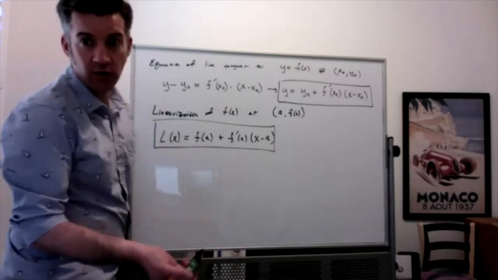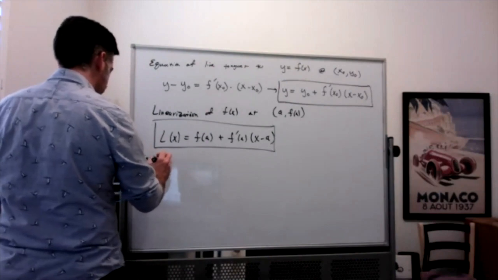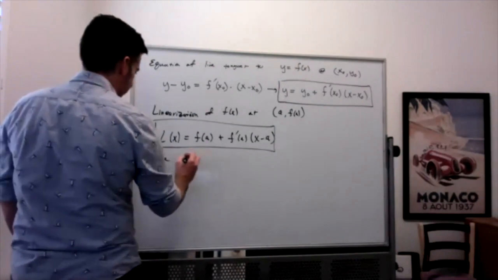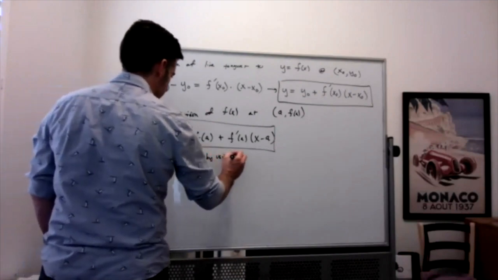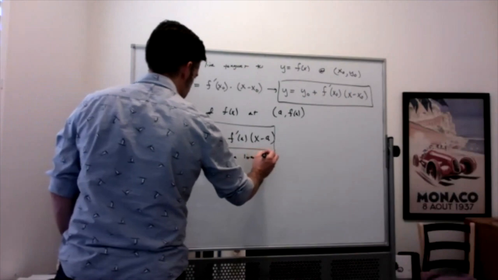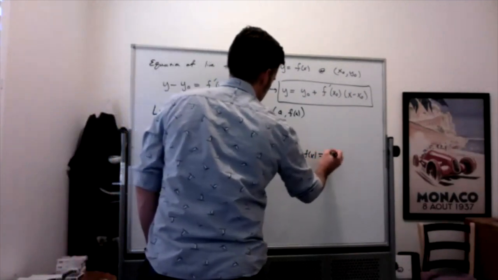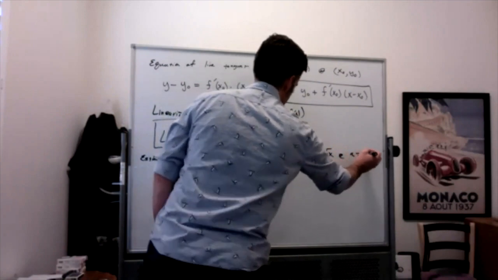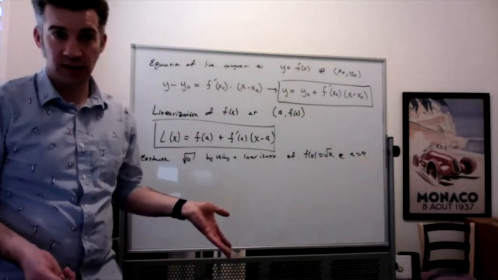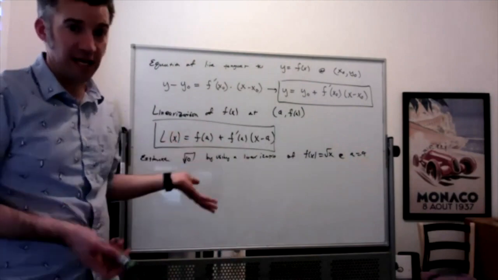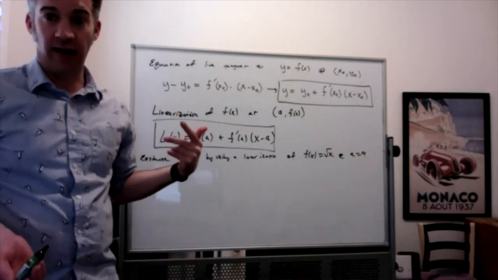Let's say I want to estimate the square root of 10 by using a linearization of f of x equal to the square root of x at a equal to 9. Or in less fancy words, find the equation of the tangent line at the point and then estimate the value of the function at the point 10.